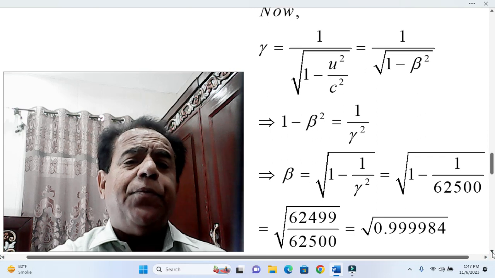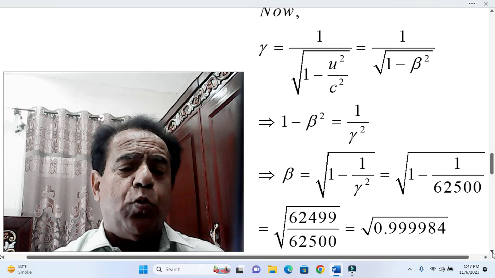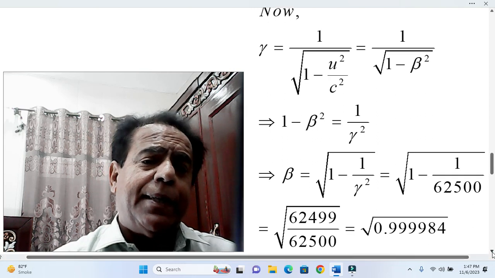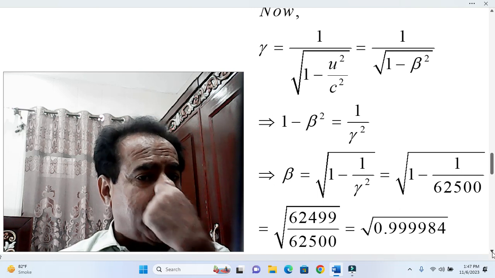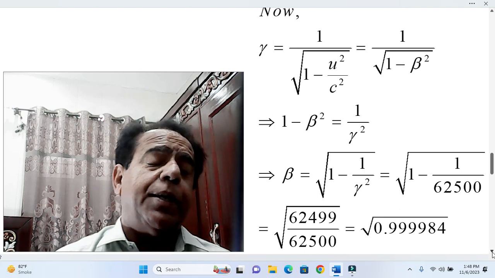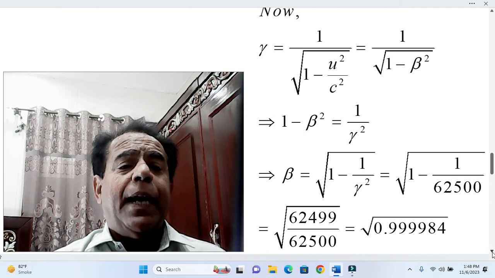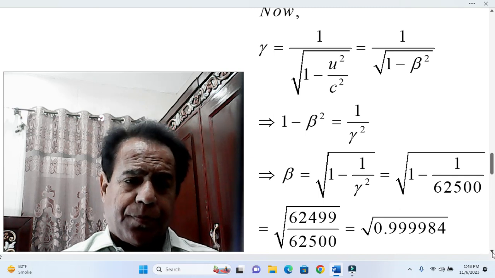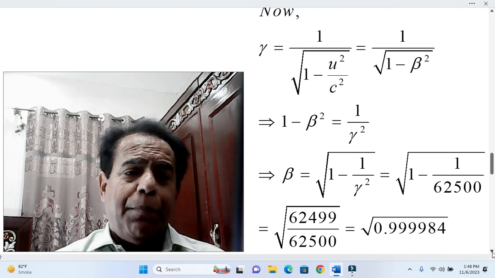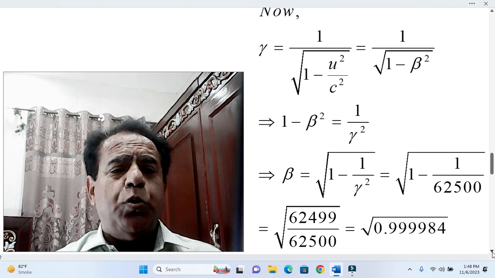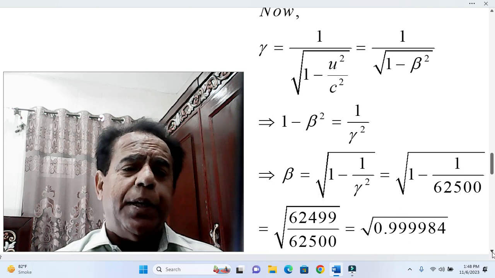Here, under root 1 minus beta square will be shifted from the denominator to the numerator on the other side of the equality, and similarly gamma will be shifted to the denominator from the numerator.